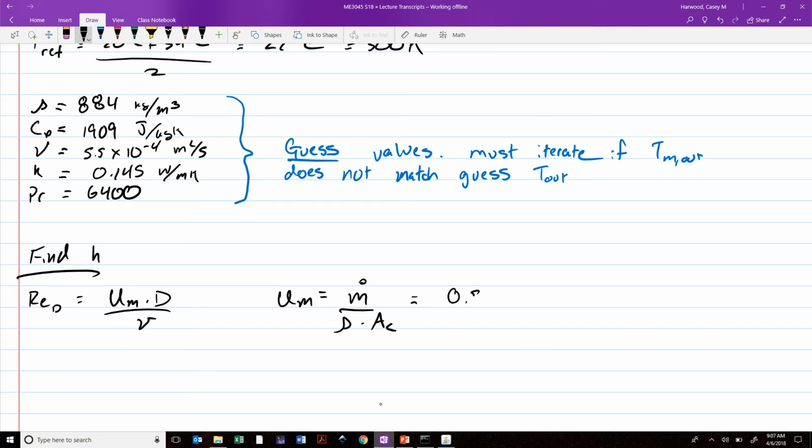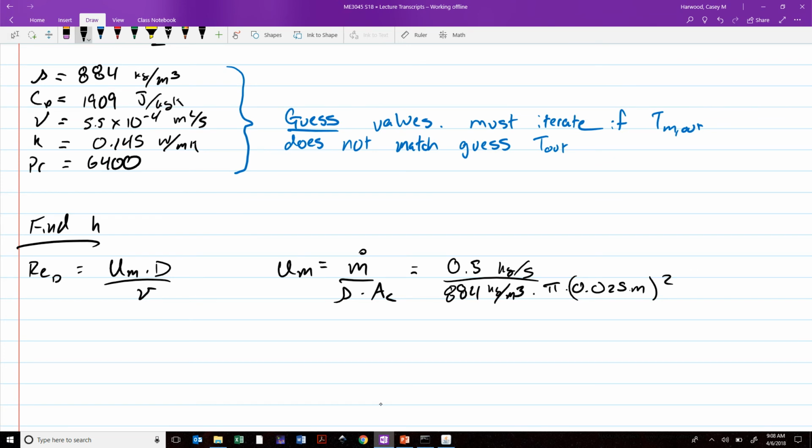Should be 0.5 kilograms per second divided by 884 kilograms per meter cubed times pi times 0.025, sorry, 0.025 meters squared. So this should be 0.288 meters per second.